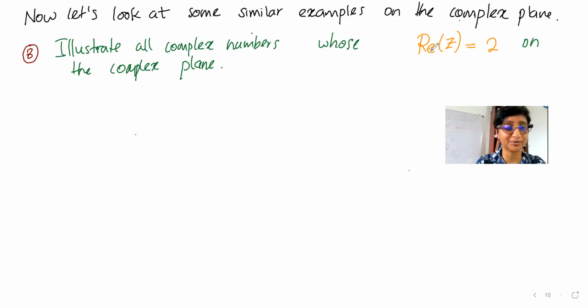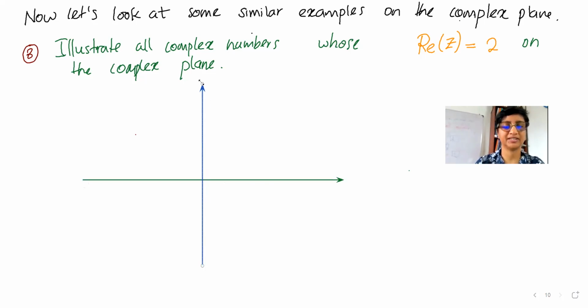So you now have to draw the whole grid. Here's the complex plane now. Don't forget to label your axes.